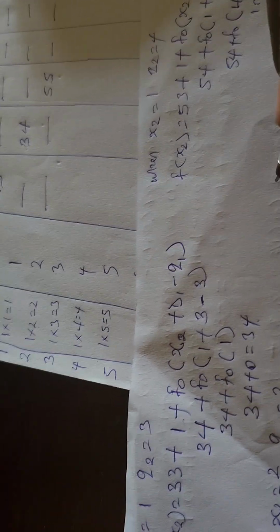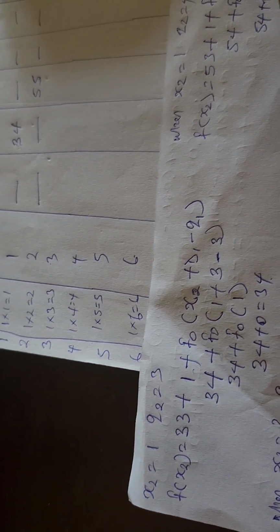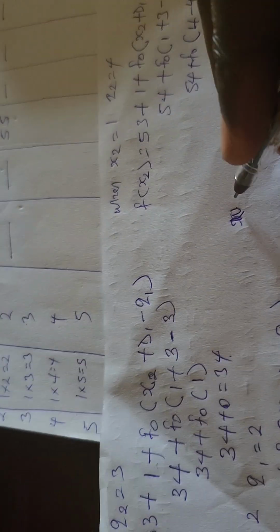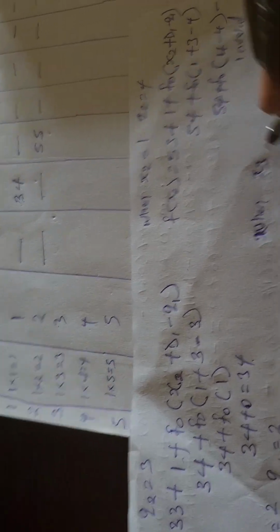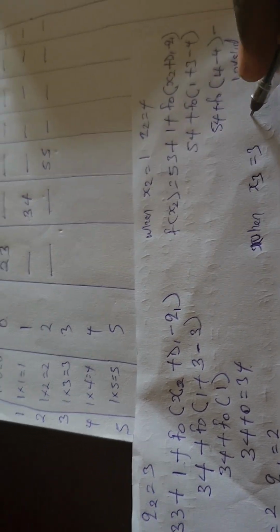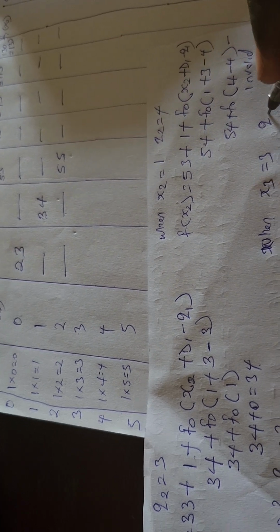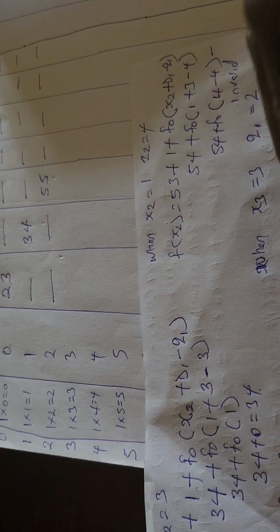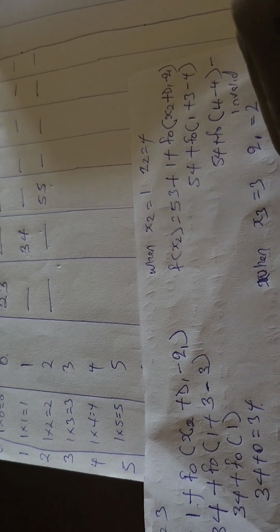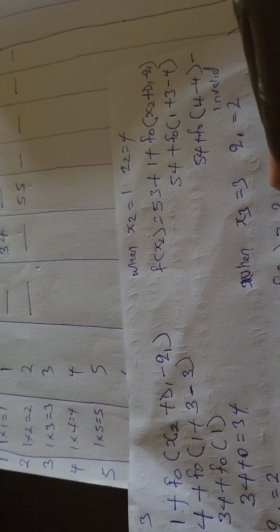So when x3 is equal to 3, and q1 is equal to 2. Of course, I'll be very fast with this. f of x2, our purchase and holding cost at this particular point is 23.